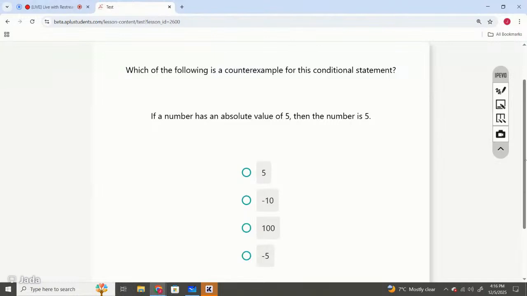We're given four options. In the case of the first one, the number has an absolute value of 5 and the number is 5. The hypothesis is true.